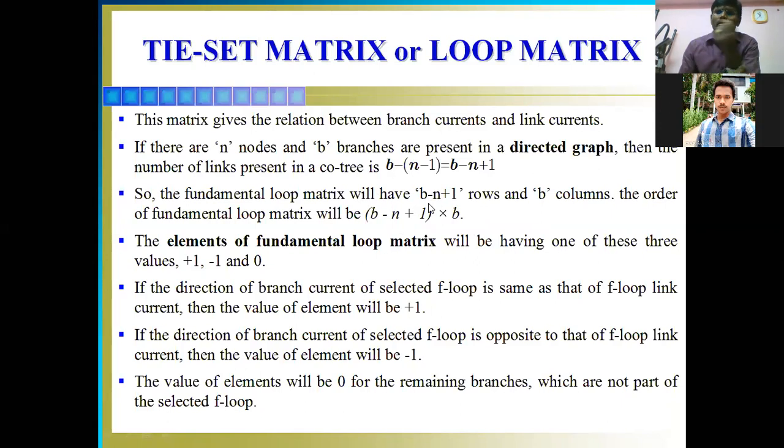Then what are its elements? Here also the element values are either plus 1, minus 1, or 0. When should it be plus 1, minus 1 and 0? These three statements can be summarized like this.